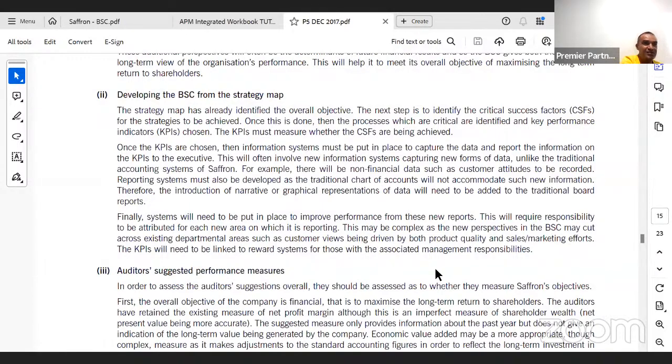You understand? The problem is somewhere else. The information system should be able to capture that. Right? So, see, IS/IT is always a support to what you want to do. Right? Siri?